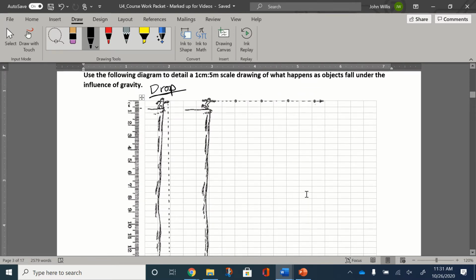One thing you should recognize for a drop problem is that your initial velocity is always going to be 0, and that gravity is the thing making it fall. The only other thing we have to worry about is how long it's falling for. Every second that it falls, it's going to increase its speed by 10 meters per second. But that doesn't tell you how far it fell, and that's what we're plotting here.